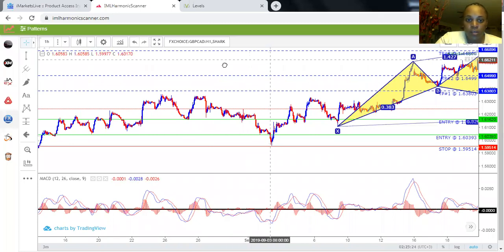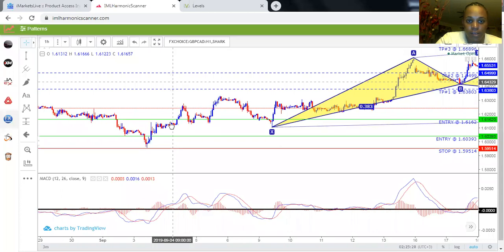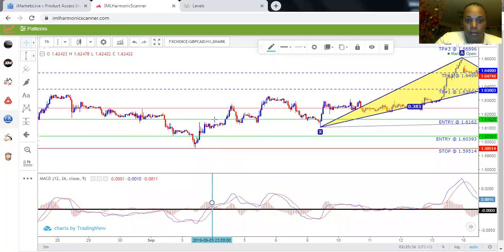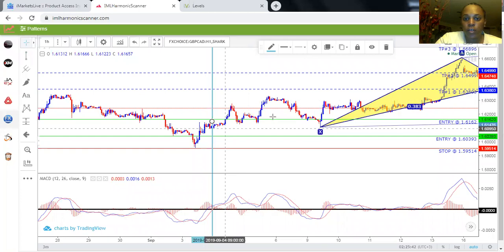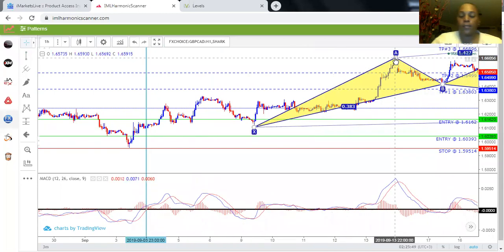So this is where this uptrend started right here, just to give you guys an example. And the MACD lines confirm that we're definitely going into an uptrend around here. And from here, you can see how the trade literally started to creep its way up, until we got to this high.